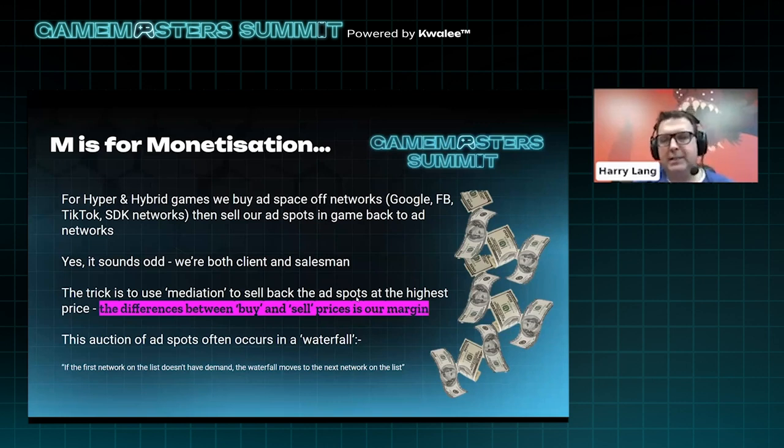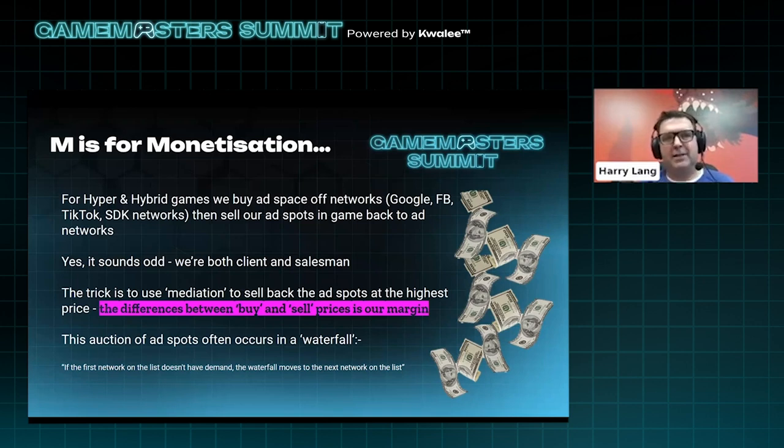M, we're looking at monetization. So when we're doing ad-driven games, hyper-casual and quite a large proportion of hybrid casual games, monetization is the process by which we sell the ad space within our own games. And it's quite weird, this, and it took me a while to get my head around it back in the day.